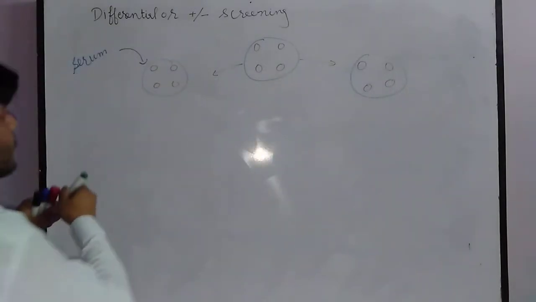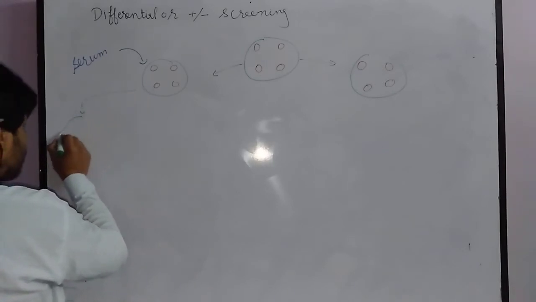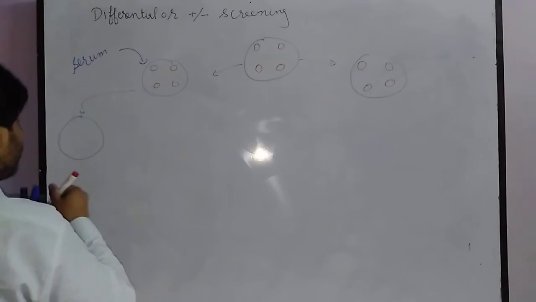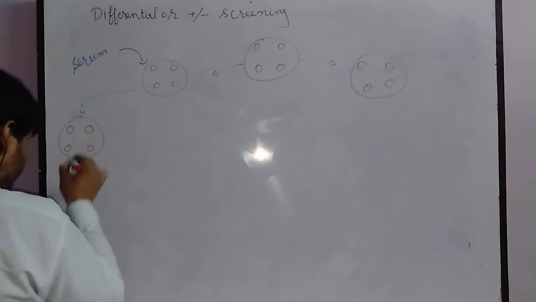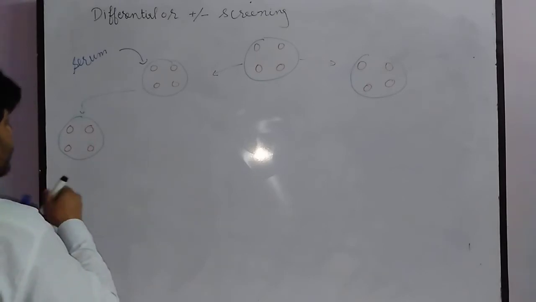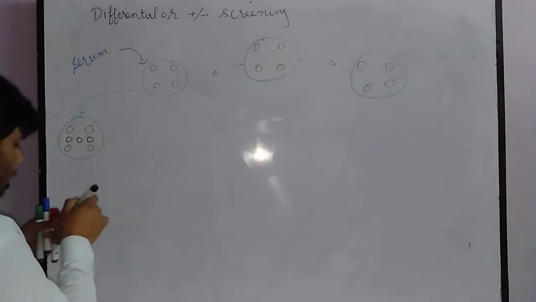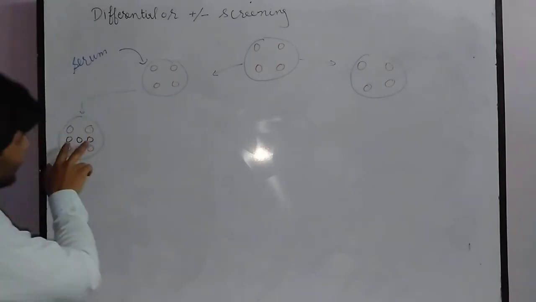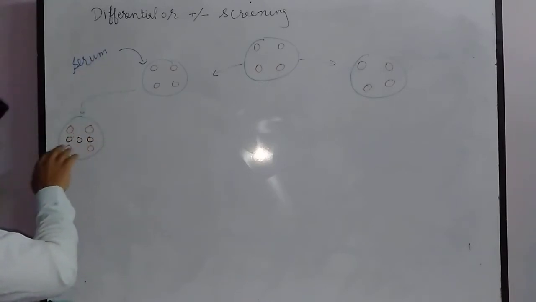So let's suppose we have the same plate, as you can see, but in this case we also get some other colonies. These are the newly developed cells, and they are formed by the addition of the serum.